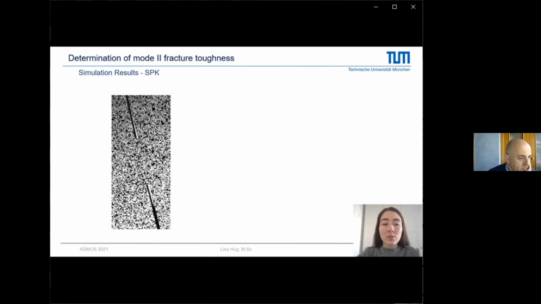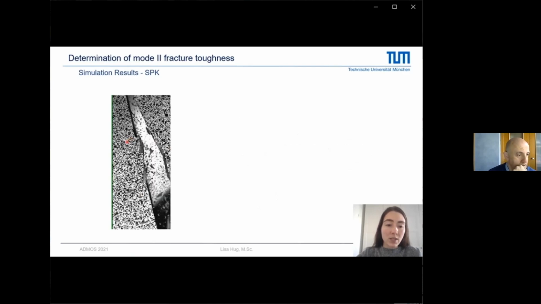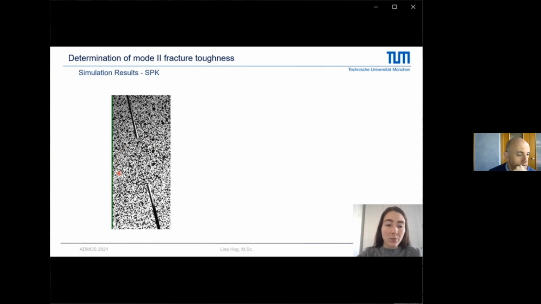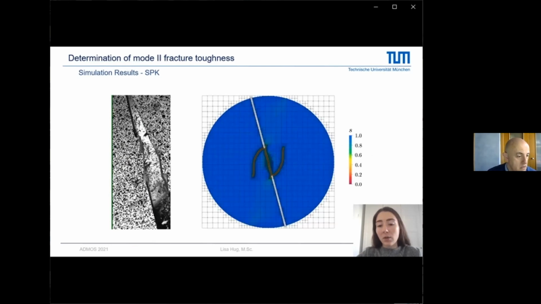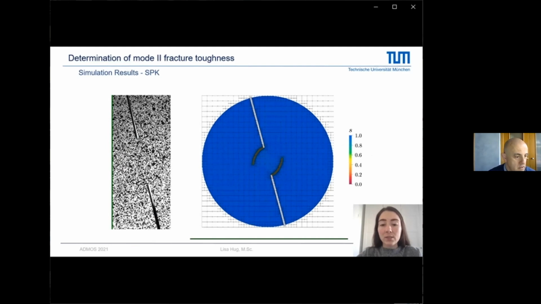To compare the simulation results obtained for the Solnhofen limestone, let's first have a look at the crack pattern observed in the experiments. We can see that 2 tensile wing cracks start to form, and then shear failure occurs abruptly between the 2 notches. Now, looking at the simulation results, we can see that we obtain a very similar crack pattern.